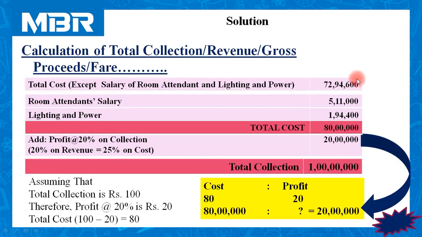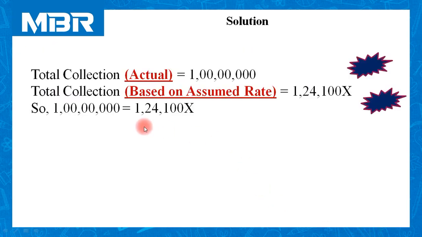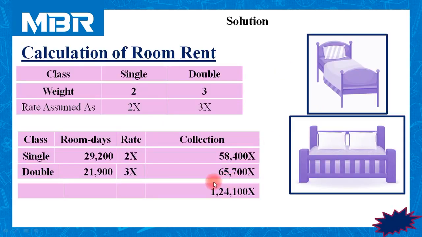You can refer to this calculation in order to derive the figure of rupees 1 crore, total collection in actual, and total collection based on assumed rate is rupees 1,24,100x. You can refer to the earlier calculation.